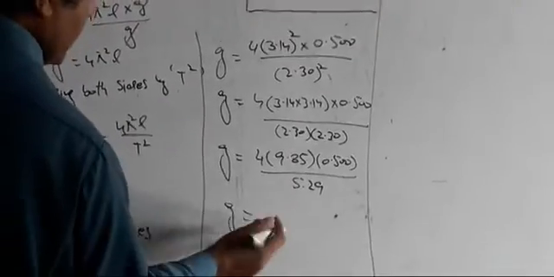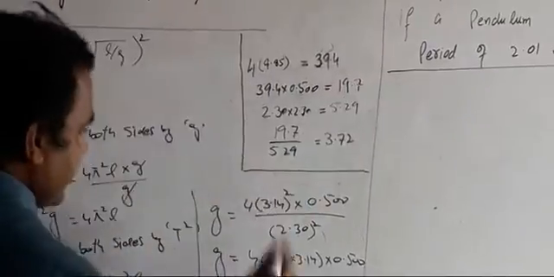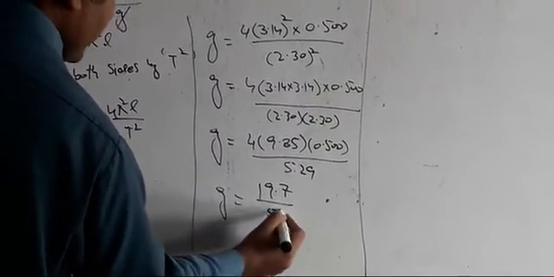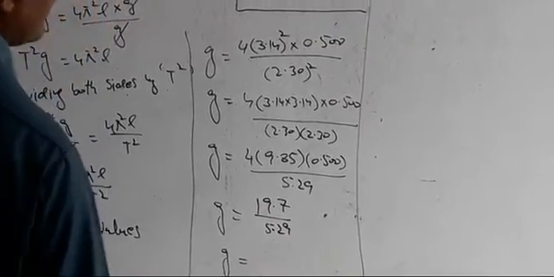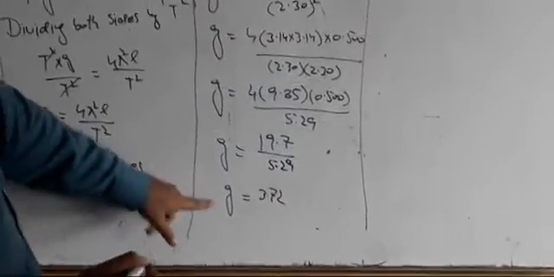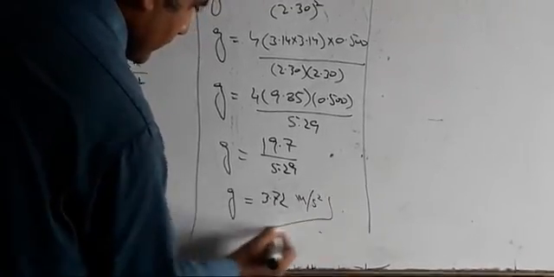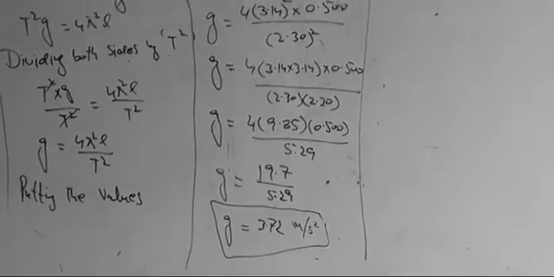Now multiplying these three terms, we will get 19.7 divided by 5.29. Dividing these two terms, we will get the required answer, which is 3.72. While it is the gravitational field strength, I will write the unit meter per second square, which is the required answer for this example.